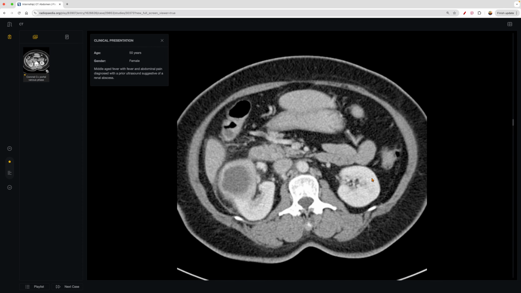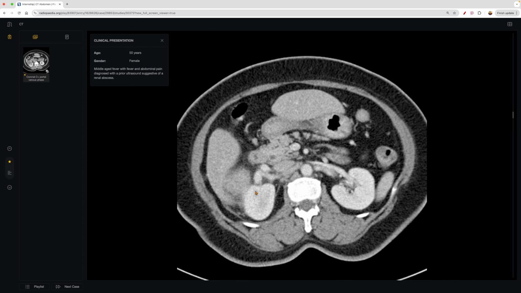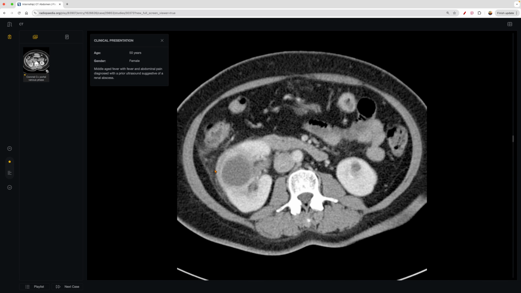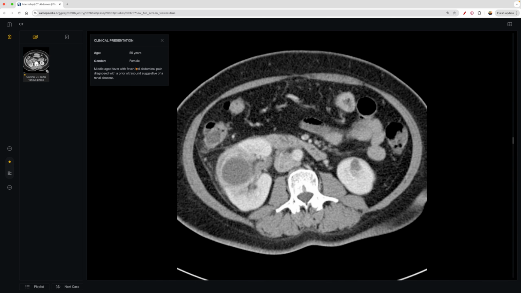In comparison, the other kidney is just doing fine, nothing surrounding it, but this side certainly has some fat stranding surrounding it. And it aligns with the patient's history: 50-year-old female, middle-aged, with fever and abdominal pain, diagnosed with prior ultrasound suggesting renal abscess. So they had an ultrasound first, and then they grabbed the CT image.